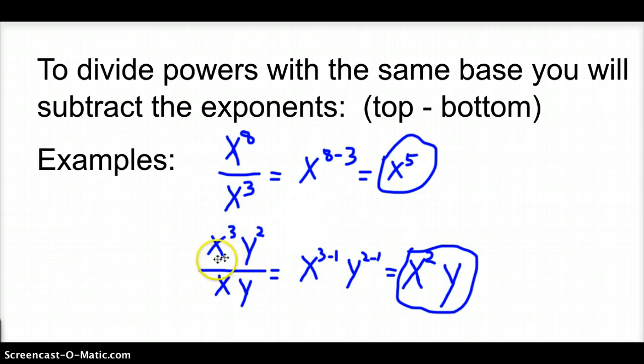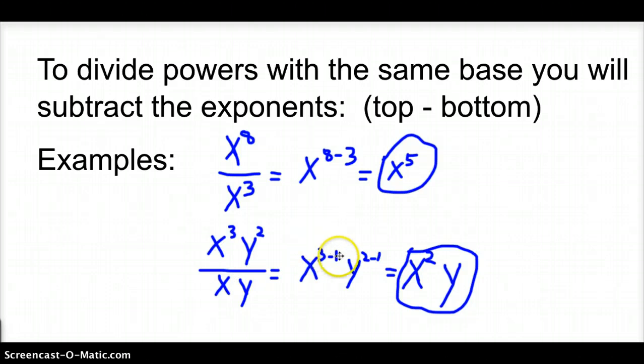Second example, we have x to the third y squared on the top, and we're dividing that by xy, which is the denominator. So we take x to the 3 minus 1 because we have an exponent of 3 on the top corresponding to the x, and even though we don't see an exponent by the x on the bottom, remember we don't write anything to the first power, we don't write an exponent for that, so we'll just label it x, but there still is an exponent there of 1.